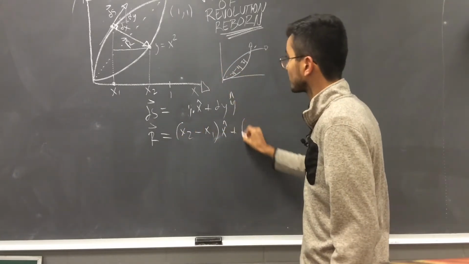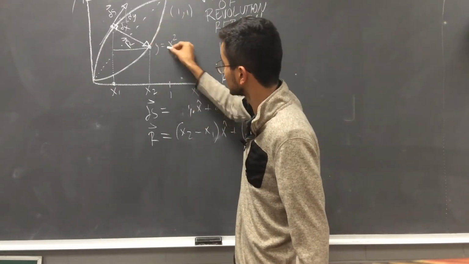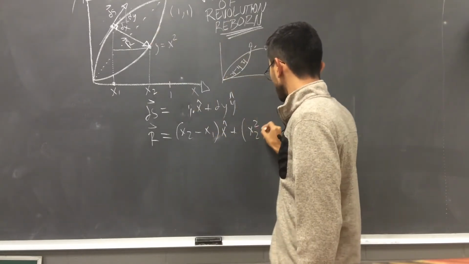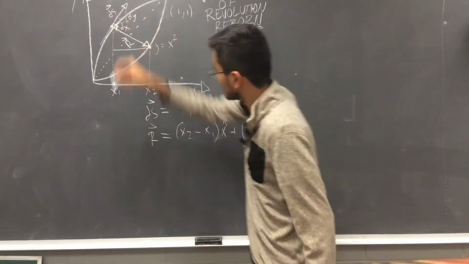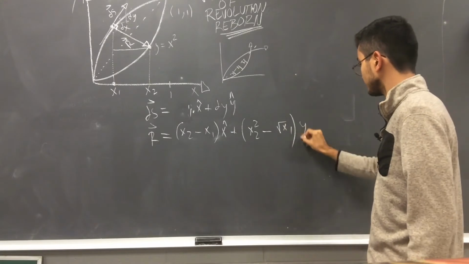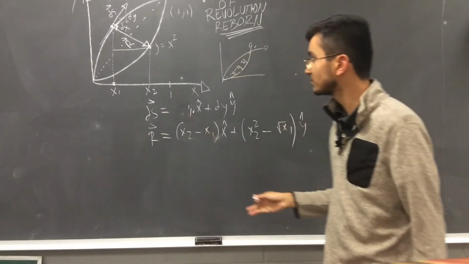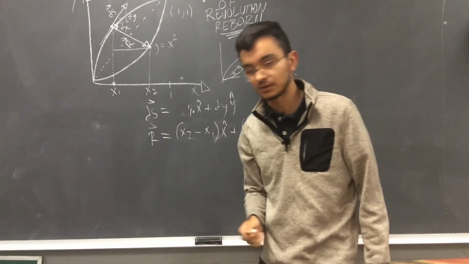And then the y component is going to be the value of the function over here, which is going to be x2 squared minus the value of the function over here, which is going to be square root of x1, y hat. Very nice. We defined two vector functions that are going to help us solve this problem now.